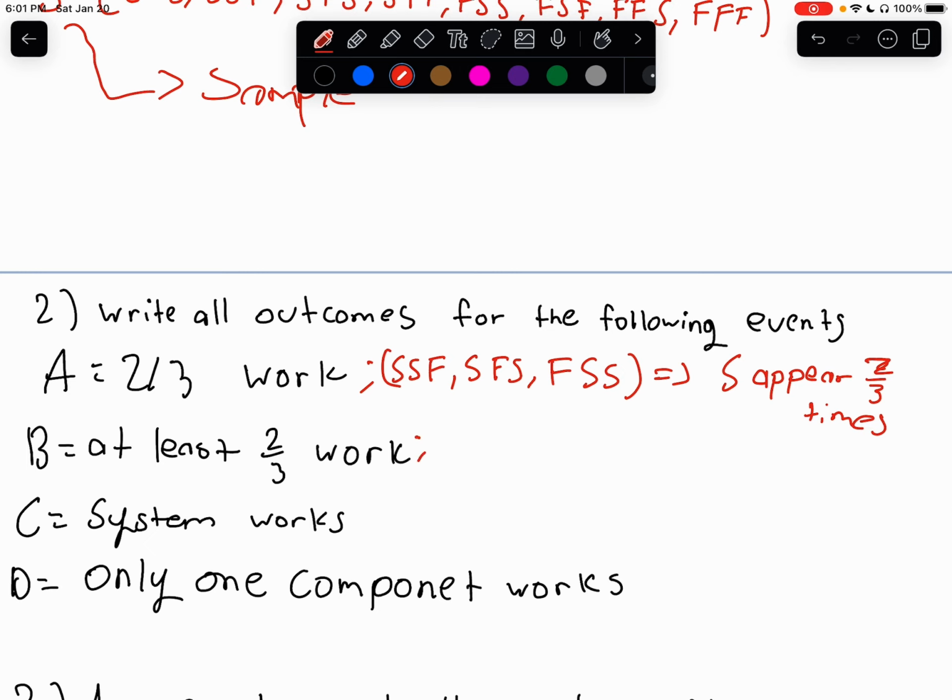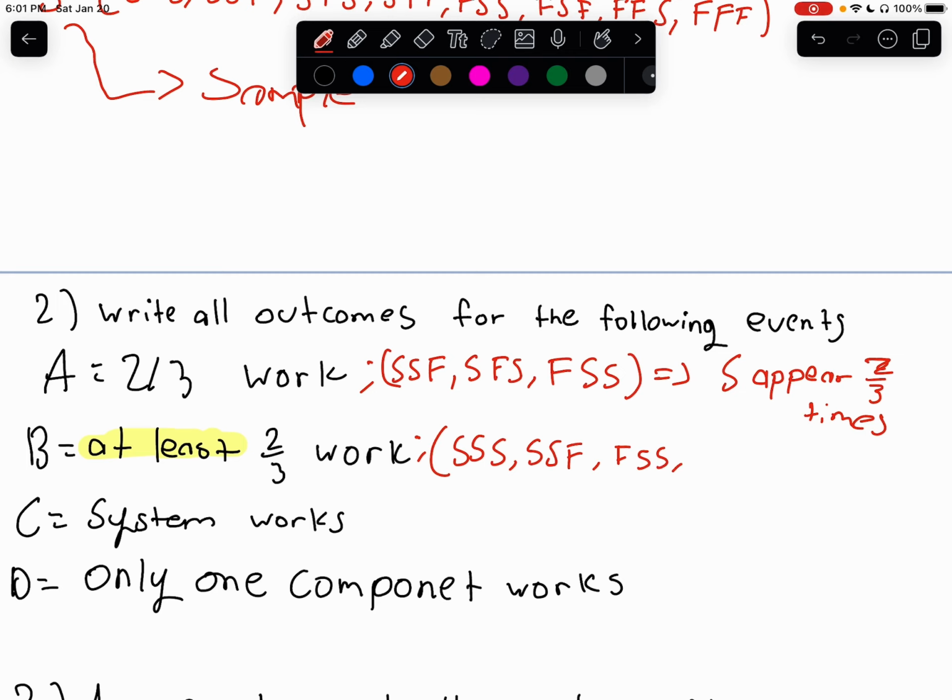B, we have a keyword here, at least, right? So wording is very important in probability. We're doing at least 2 of 3 components, so 2 or more. So now our new sample space: succeed, succeed, succeed; succeed, succeed, fail; fail, succeed, succeed, right?